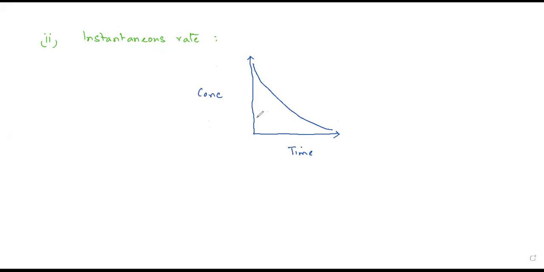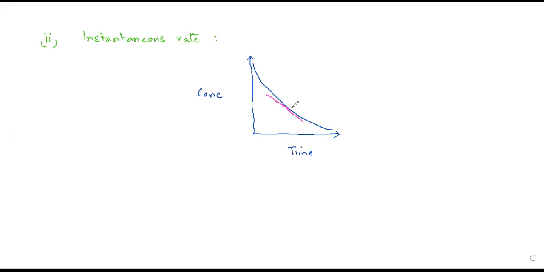To know the instantaneous rate, we have to take the slope of tangent. Okay, slope of the tangent. Okay.